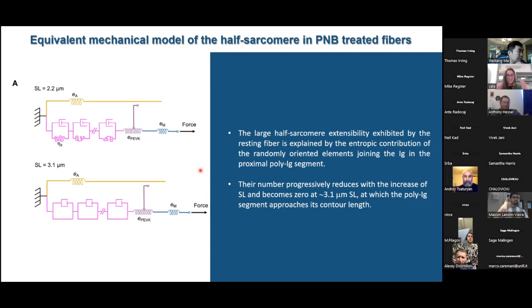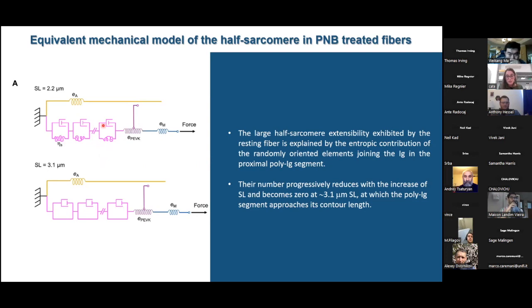Okay. The larger sarcomere extensibility exhibited by the resting fiber is explained by the entropic contribution of the randomly oriented elements joining the immunoglobulin domains in the proximal PEVK segment, represented here by the magenta box.